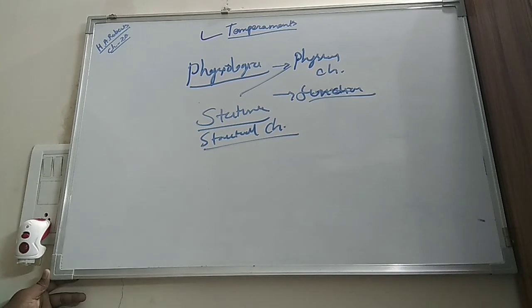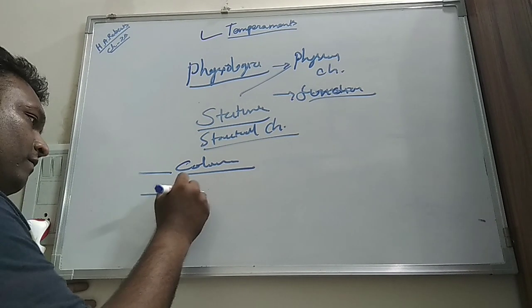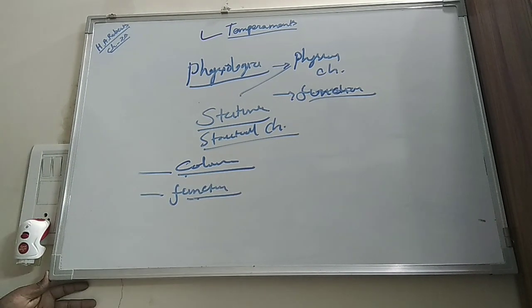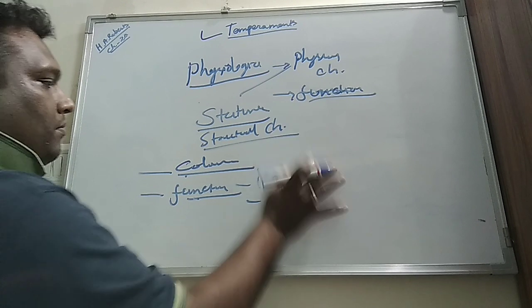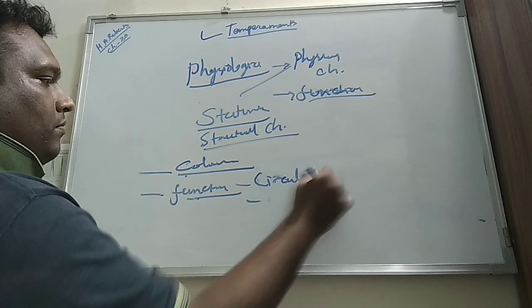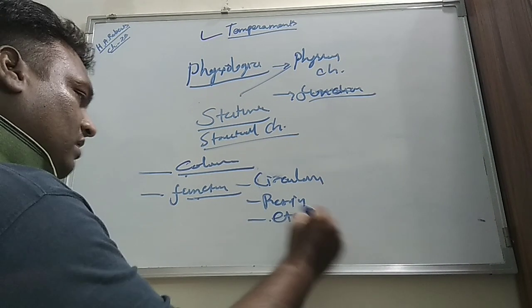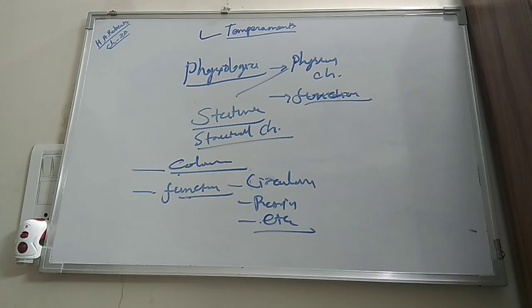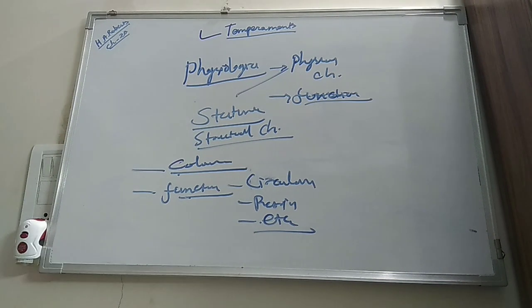Besides this, the matters of temperament imply color, functions of circulation, respiration, etc. This physiological form is known for physical characteristics, functions, structural character or stature.